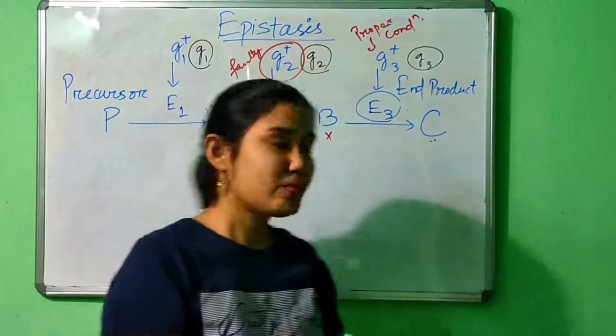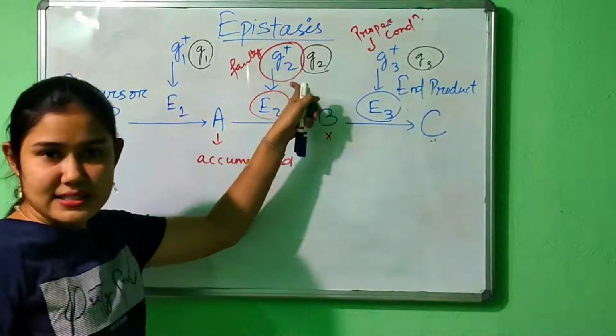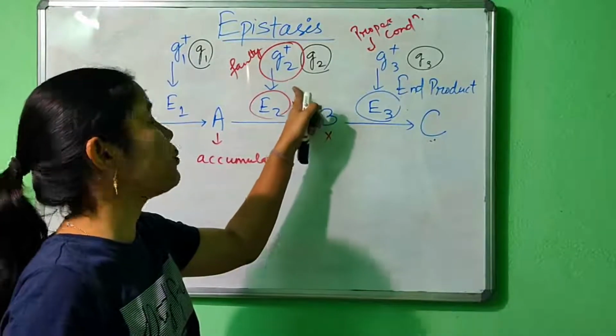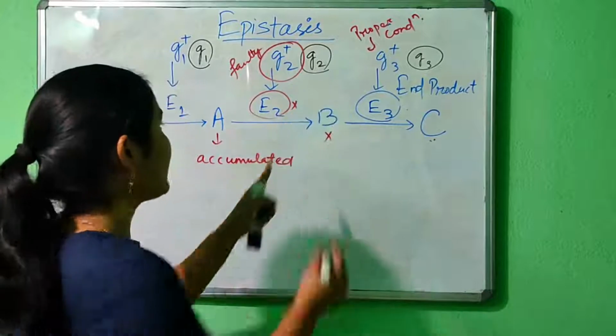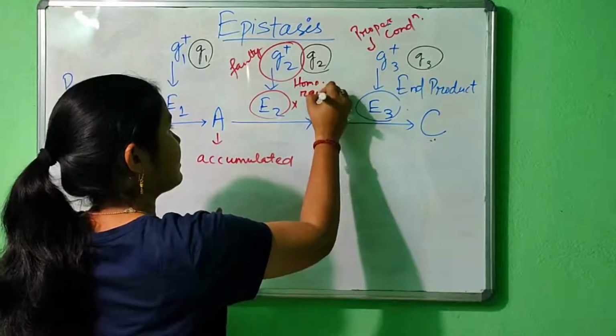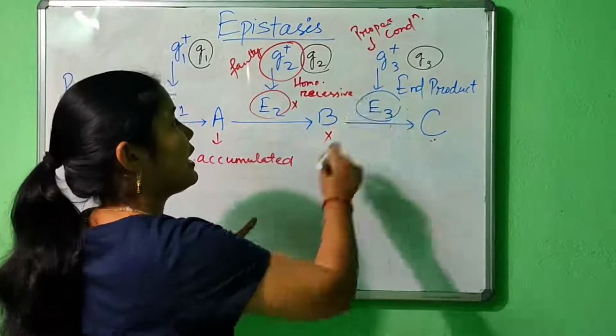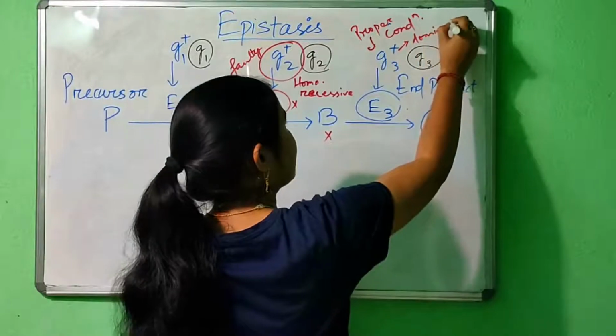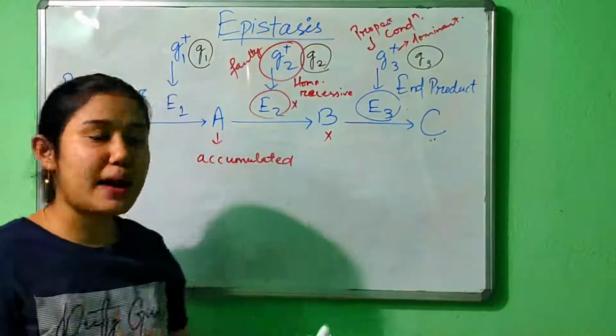So when G2 plus is in homozygous recessive condition, and this one is in dominant condition, then what happens?